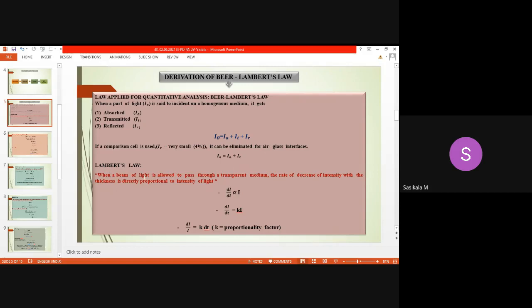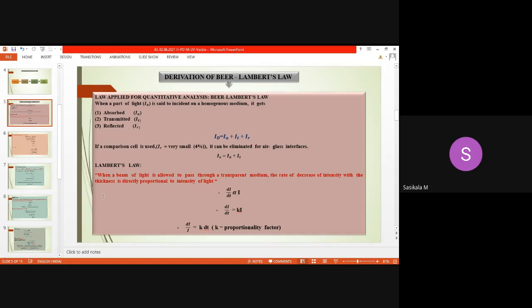So when a beam of light is allowed to pass through a transparent medium, what happens? The rate of decrease of intensity occurs with the thickness of the medium. This thickness represents the concentration.